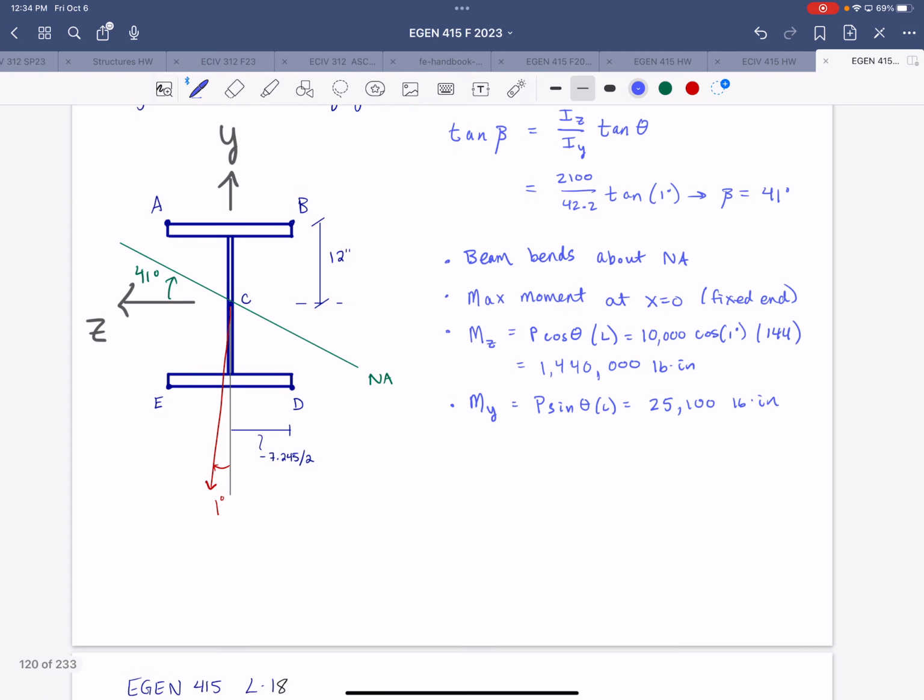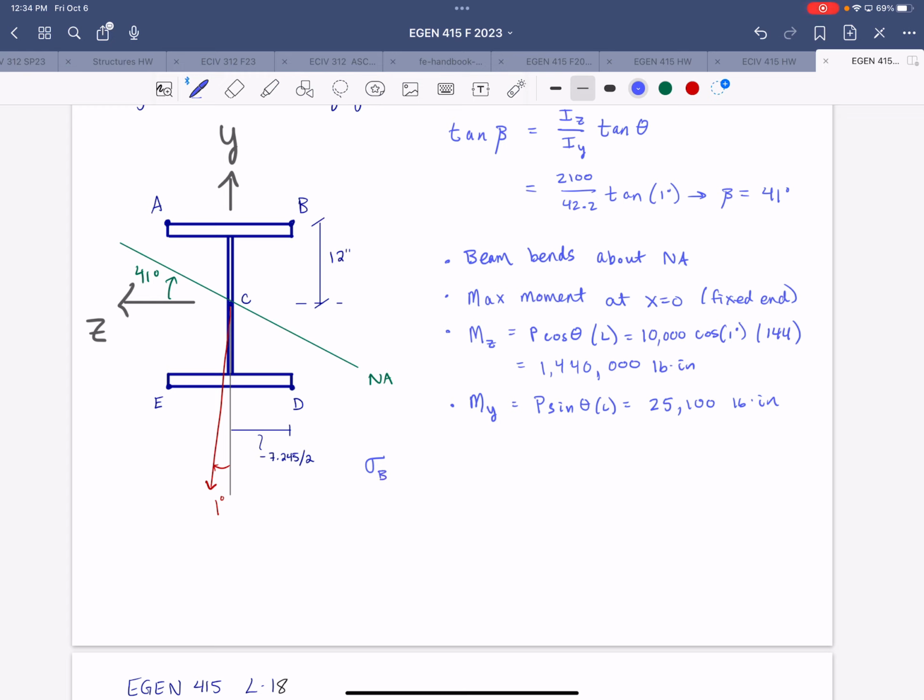So we can calculate the normal stress at point B, which is one of the farthest points from the neutral axis, right? And that will be where we see tension in the cross section.